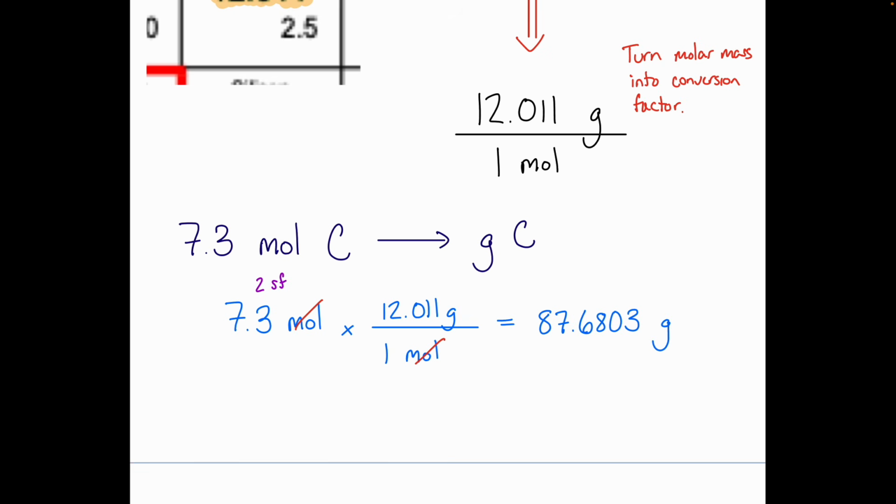Usually they don't anyway, because they have a ton of digits, but in the rare case where it would, we're going to pretend it's exact. So best case scenario, we're not limited by that molar mass. My final answer here would be 88 grams of carbon. So if I had 7.3 moles, put it on the balance, I would have 88 grams.